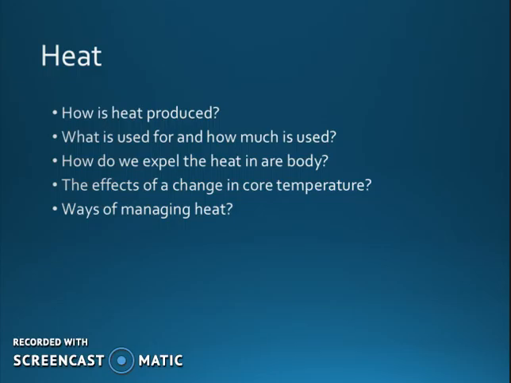Hyperthermia, which is the opposite of hypothermia, can affect both central and peripheral processes involved in the production of muscle force and power. This is said by Nybo and Secher in 2004, Todd et al. 2005. So hyperthermia is an increase in core body temperature, but hypothermia is a decrease in core temperature.